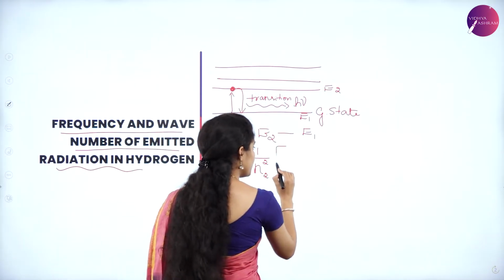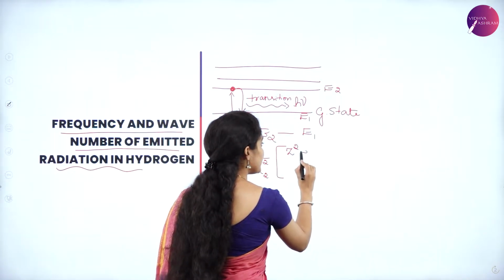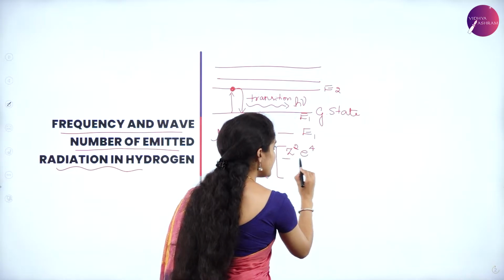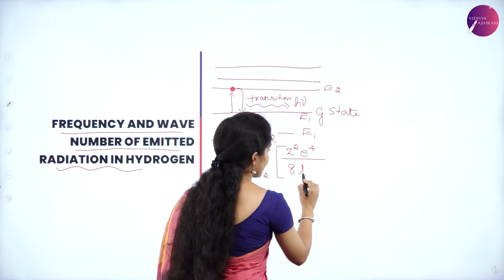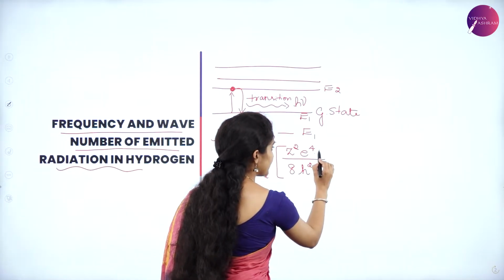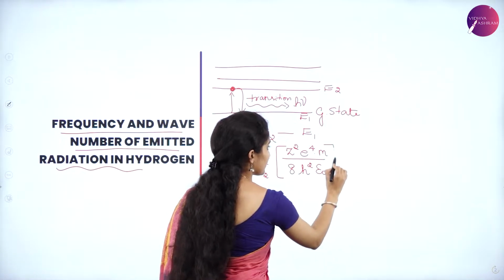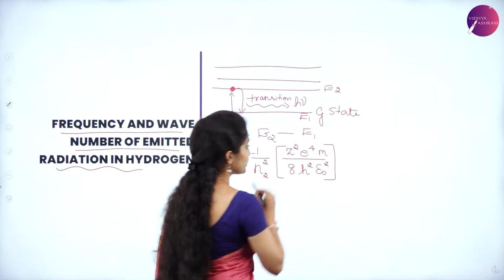So into, we have Z square e to the power of 4 m divided by 8 h square epsilon naught square.